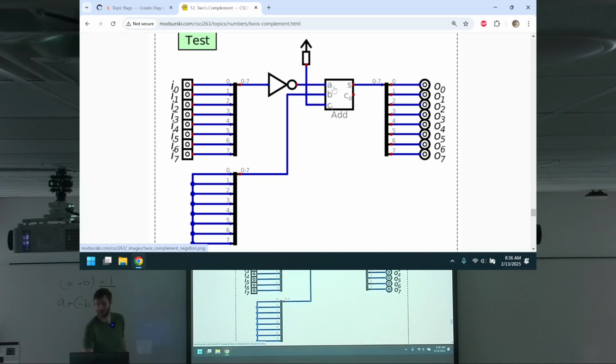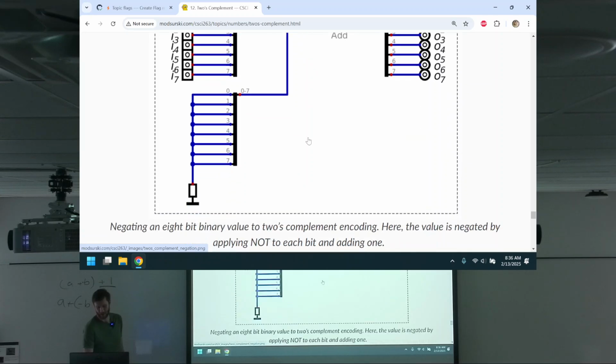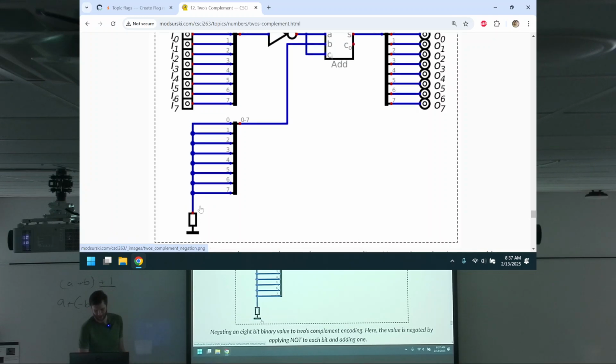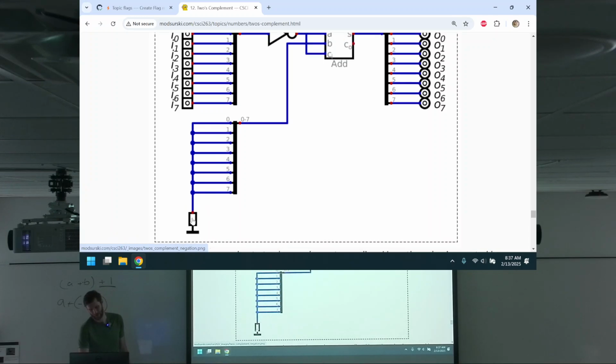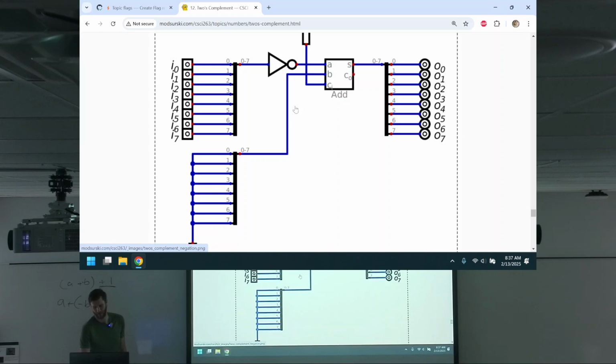We negate it, it goes into A. All right? Who remembers what this symbol is? Pull down resistor, which means it's like 0. Okay? And then we take 0 into 8 bits, put it into one signal line because it's an 8-bit adder. So we've got B is 0.